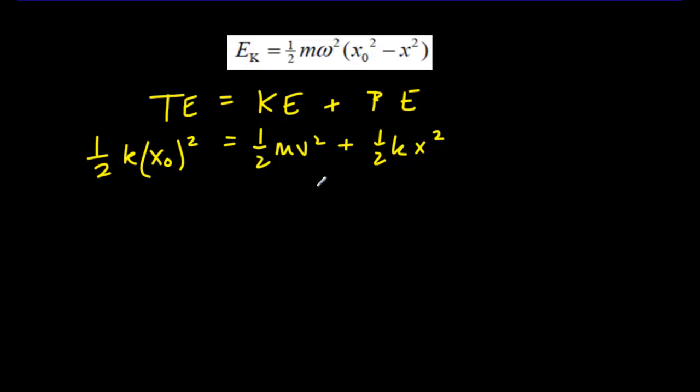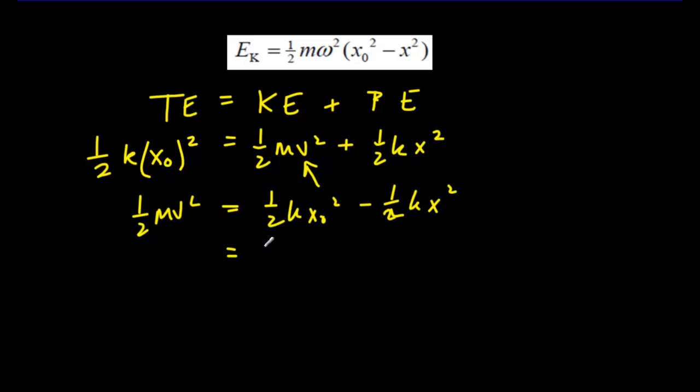Now what I'm going to try to do is rearrange this equation for the kinetic energy, so I'll get that a half mv squared is equal to 1/2 kx naught squared minus 1/2 kx squared. I'll common factor that half k, so I get a half k (x naught squared minus x squared) is equal to my kinetic energy.